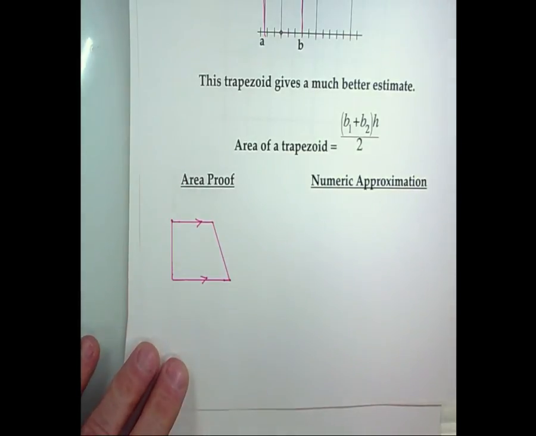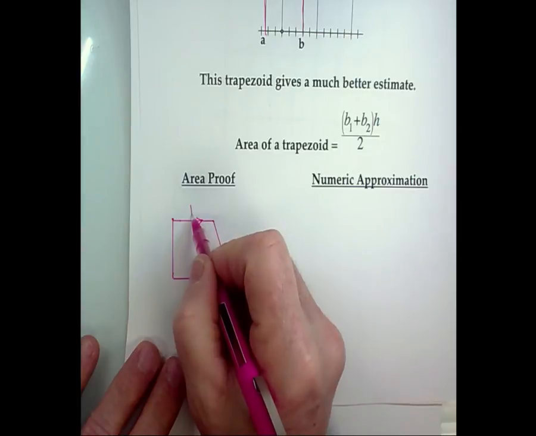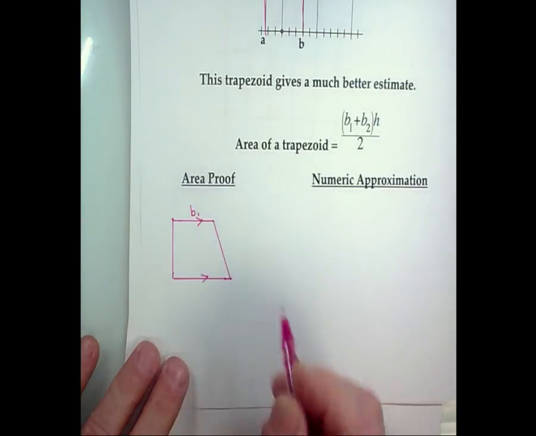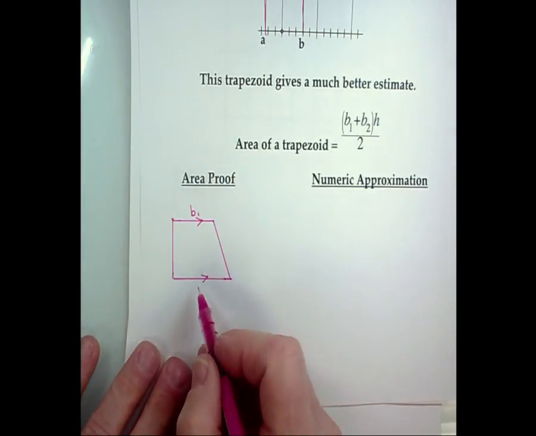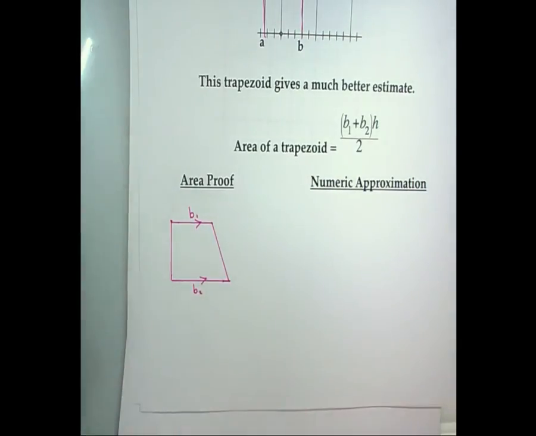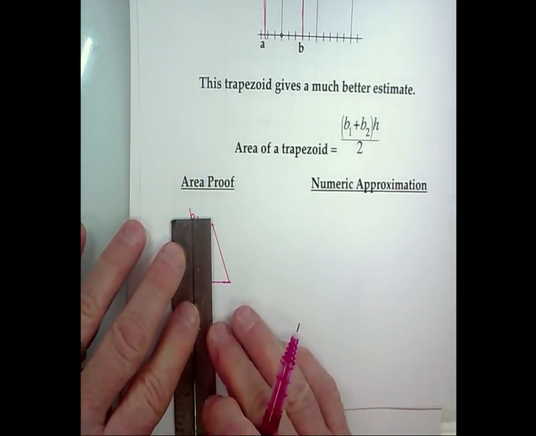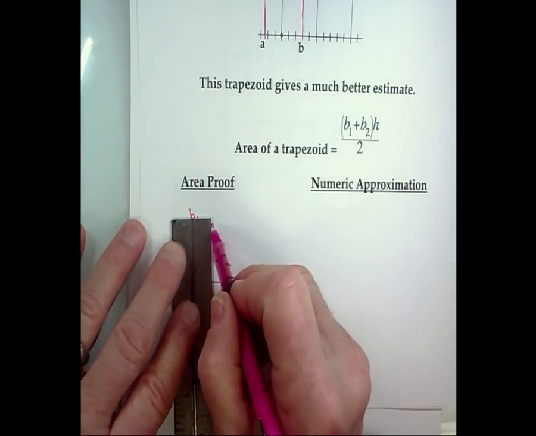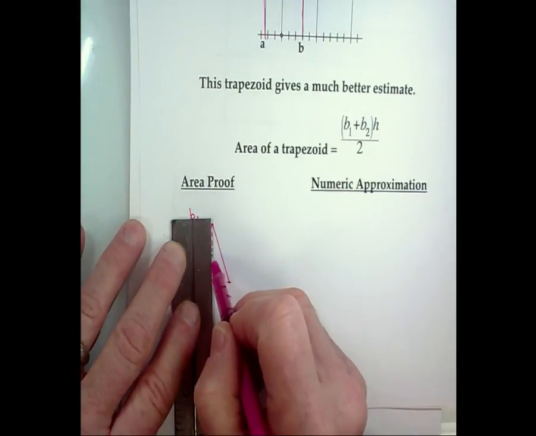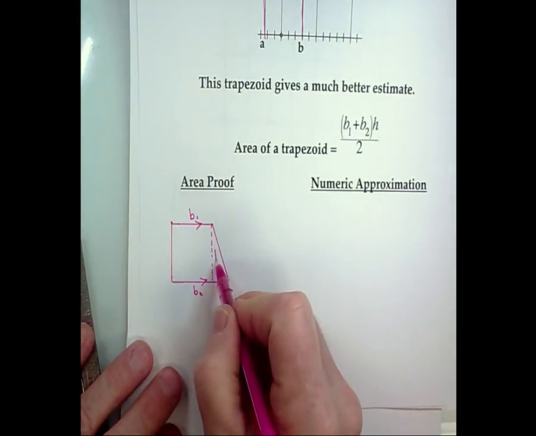You guys ever get those symbols to say, hey, those two sides are parallel? Did you ever see that in geometry? So I'm going to call this B1. And I'm going to call this B2. And the distance between them, I'm going to draw in right here. I'm going to call that H.